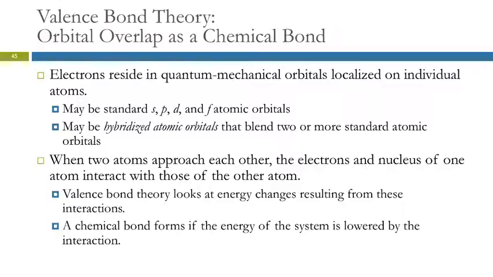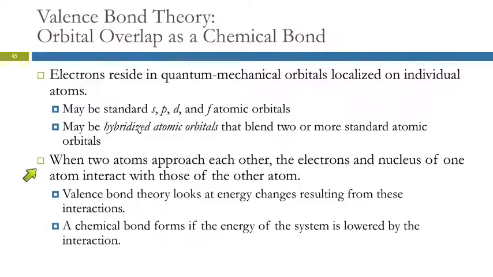So the hotel analogy of this is you could take the S room and the P room and break the wall down in between, and now you could advertise the 4 beds in this expanded room as SP3 beds, because they're from the S and the P. So if that gives you kind of a clue as to where we're going. It probably doesn't, but that's okay, I said it.